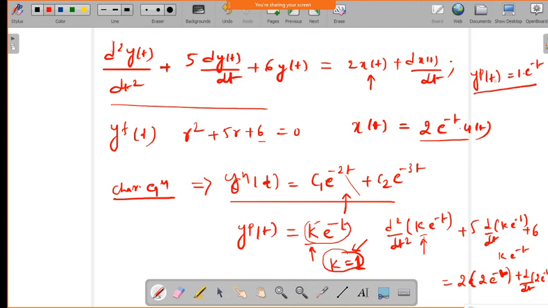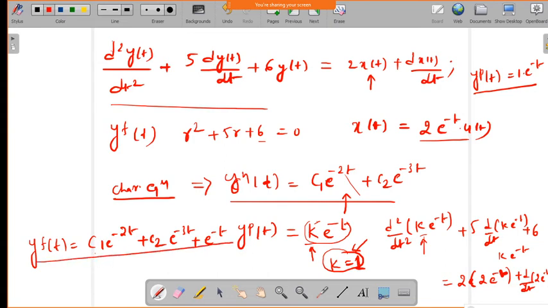Now put the particular solution along with the natural solution and you will get the forced response of the system, which is equal to C1 e power minus 2t plus C2 e power minus 3t plus e power minus t. Okay. So this is the forced response.